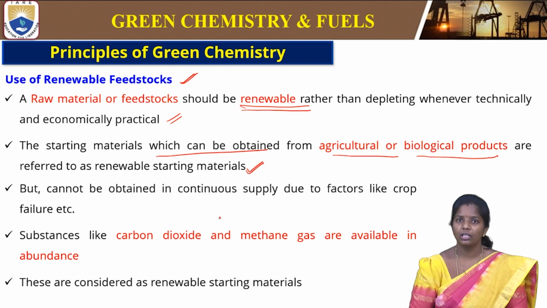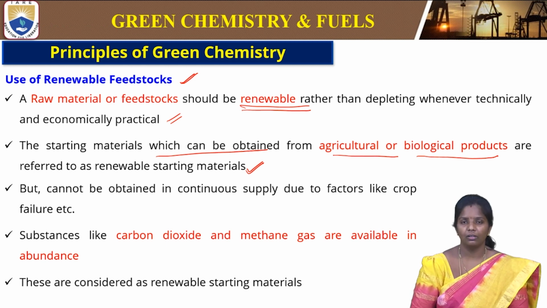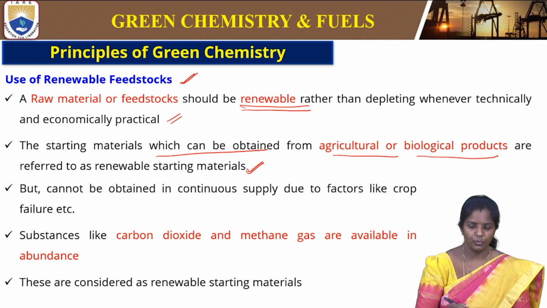So if we are using any raw material or starting material that is agriculture-based or biological, then it is easier for us to move on to larger production, and there is no question of depletion of these raw materials. These are called renewable starting materials.